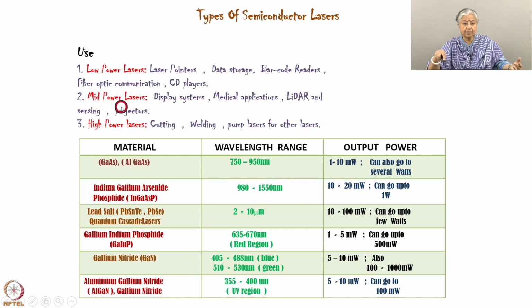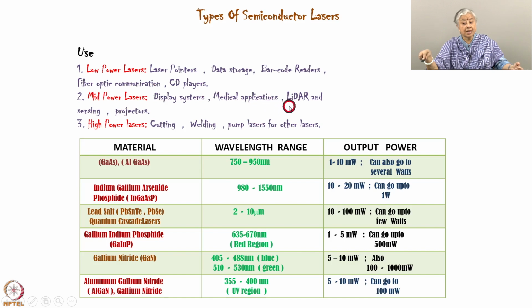Then you have the mid power lasers, which are used in display systems, maybe in the entertainment industry or general lighting, sharp lighting. Then in some medical applications, generally like hair removal and skin color tone differentiation, those kind of medical applications are used because it's just mid power, it's not a very high power thing.